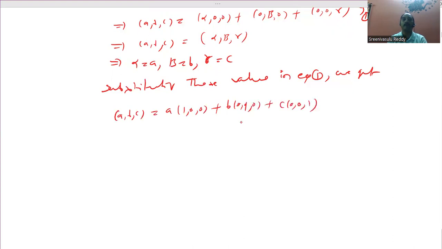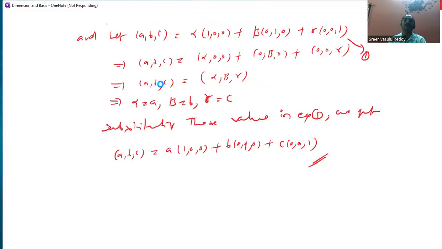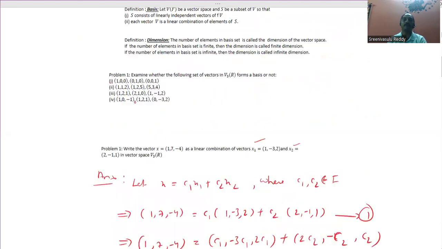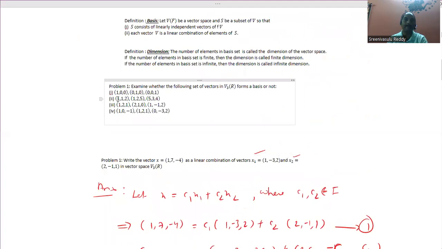Now adding, the right hand side gives the left hand side. So taking any vector A, B, C in vector space V, it is written in the form of the first component times the first vector x1 plus the second component times the second vector plus the third component times the third vector. So it is a linear span. Hence the given set is a basis of the vector space. Now, second problem.